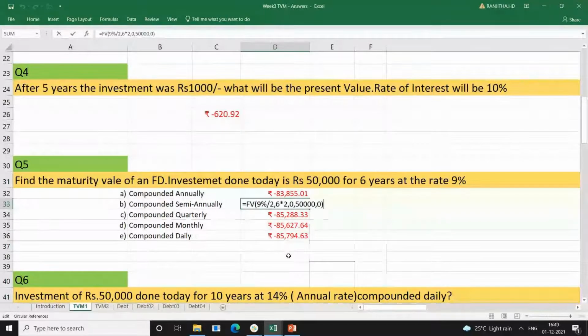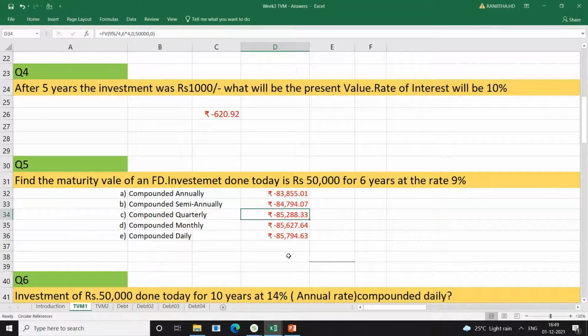So here you are finding the annual, semi-annually, half of that. Semi-annually will be by 2, quarterly will be by 4. So the format of this will be the same.